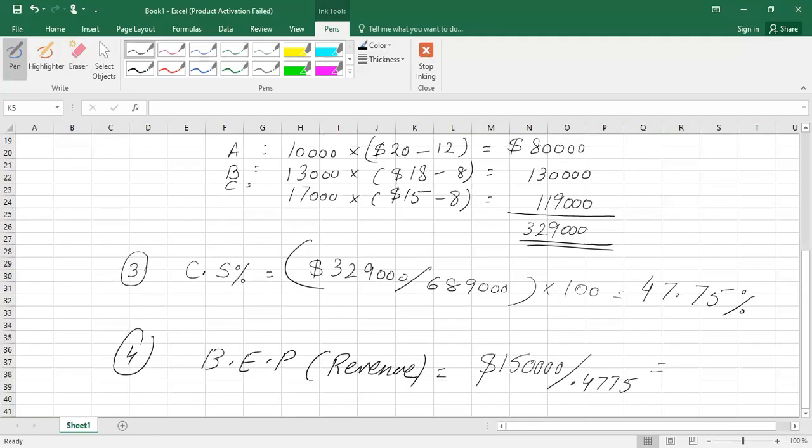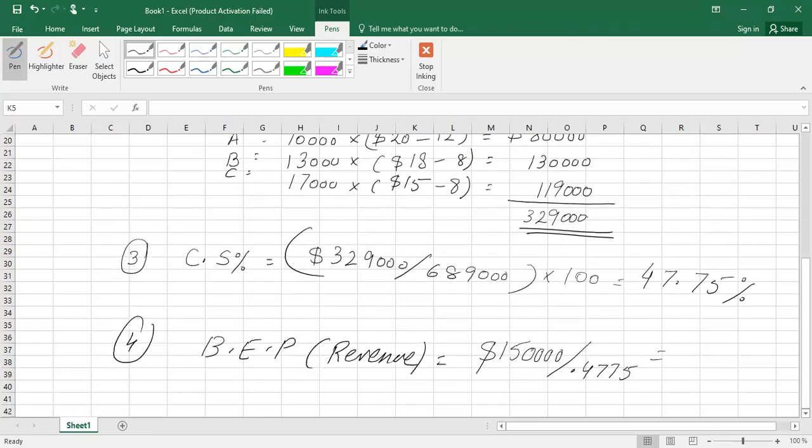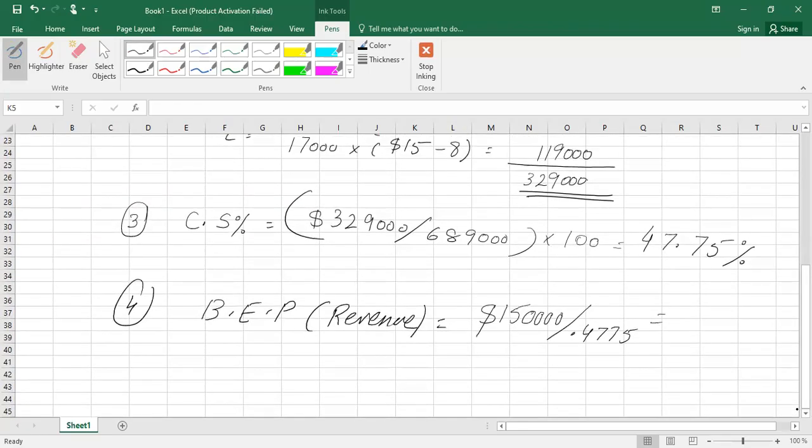This is the formula of the break-even point revenue, where 150,000 is divided by the CS ratio, so we have 314,138. This is the break-even point revenue. It means 314,138 is necessary to sell.